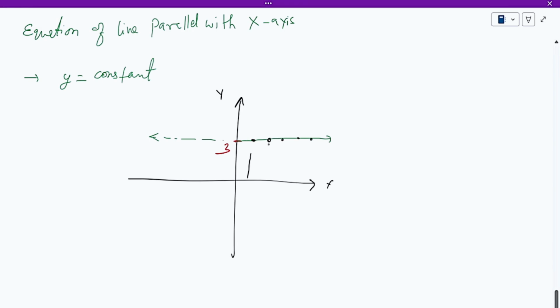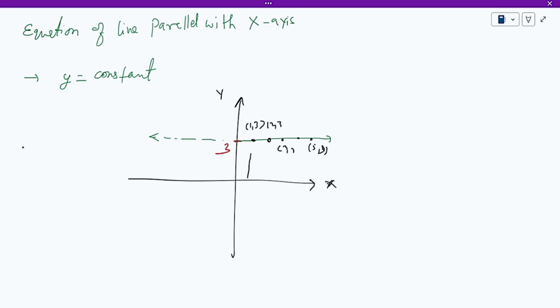So this is 1 comma 3, this is 2 comma 3, this is 3 comma 3, this is 5 comma 3. So the y coordinate is fixed, means y is constant, that is representing a line parallel with x axis.